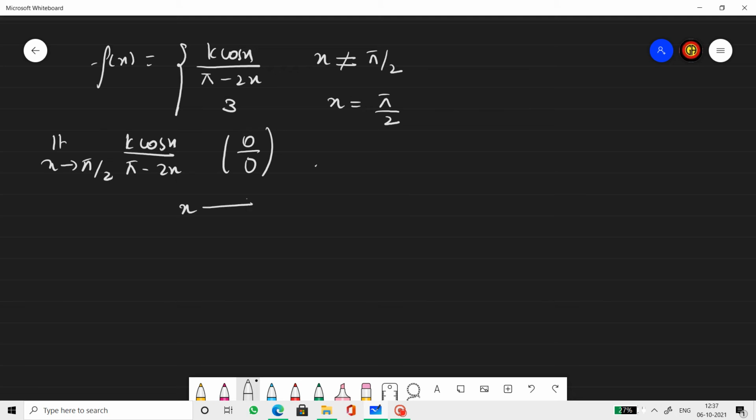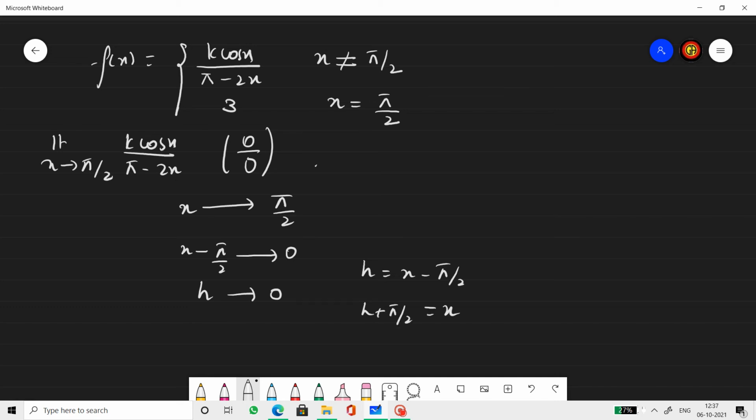Limit x tending to pi by 2, so that means x minus pi by 2 will tend to 0. I'm going to consider h as x minus pi by 2. So if h is x minus pi by 2, then h plus pi by 2 is the x value.